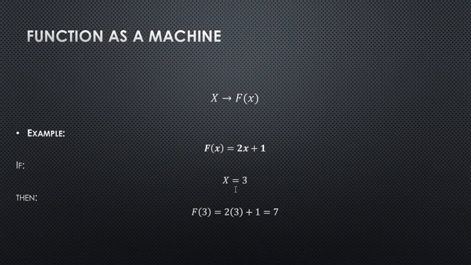We substitute 3 for x. So, f of 3 equals 2 times 3 plus 1. This gives us 7. Therefore, when the input is 3, the output is 7. This simple idea will appear throughout this entire course. We will constantly define a quantity as a function of another quantity.